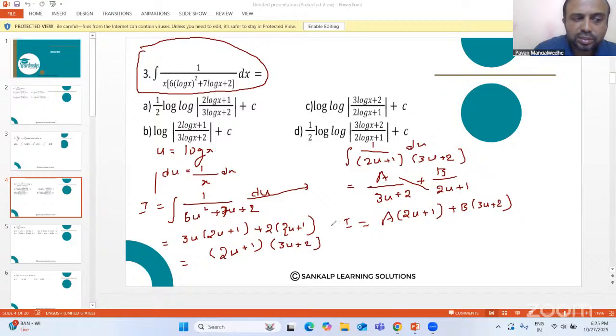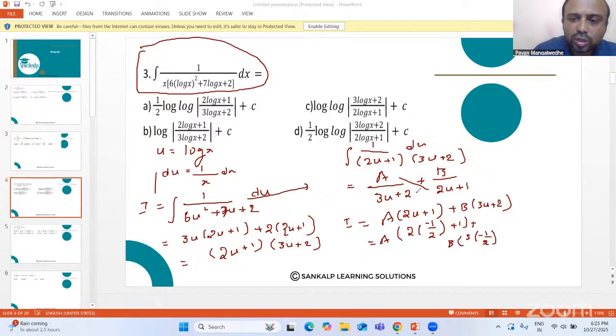On solving this, equate 2u plus 1 to 0. So u becomes minus half. It will become a of 2 into minus half plus 1, plus b into 3u plus 2, where u is minus half.